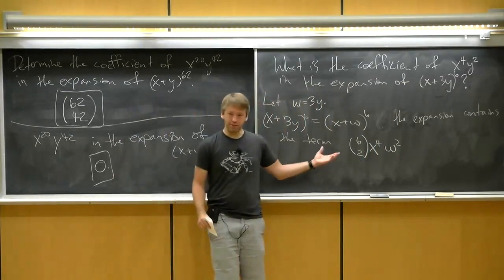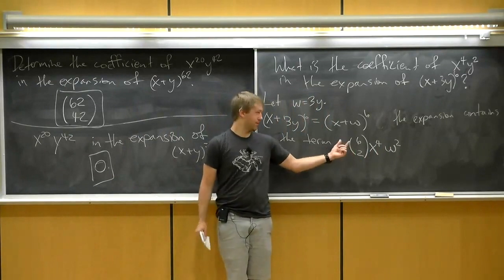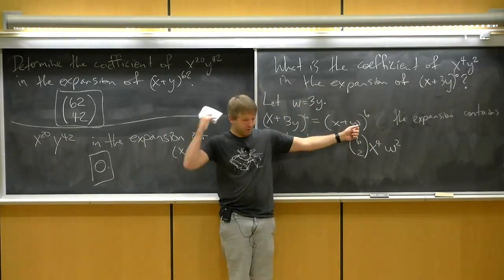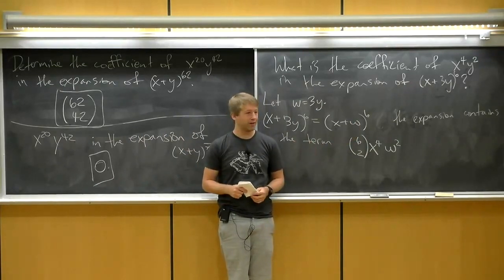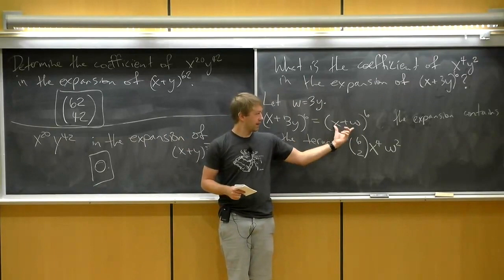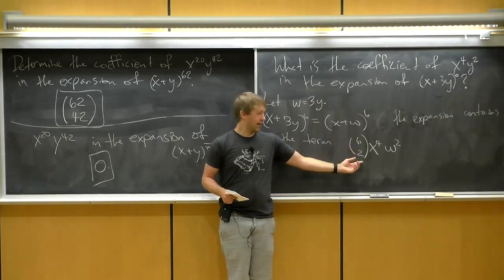Right, because this is just by the binomial theorem. This is just called w, but it doesn't really matter what you call the variable. So when you expand that, it'll have a term that looks like this.